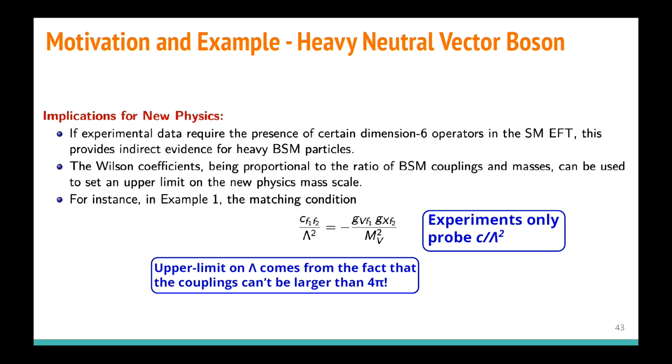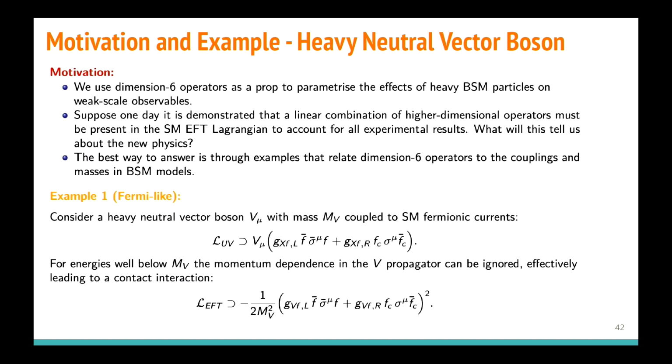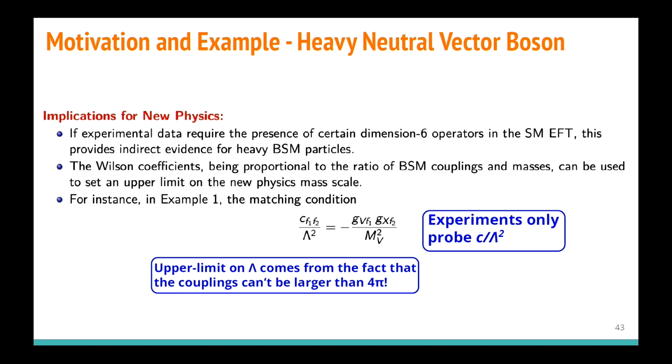The Wilson coefficients C over lambda squared will be proportional to the ratio of the BSM couplings and the masses, and this can be used to set an upper limit on C over lambda squared. We will not be able to say anything separately for C or lambda, but we will be able to put bounds on C over lambda squared.